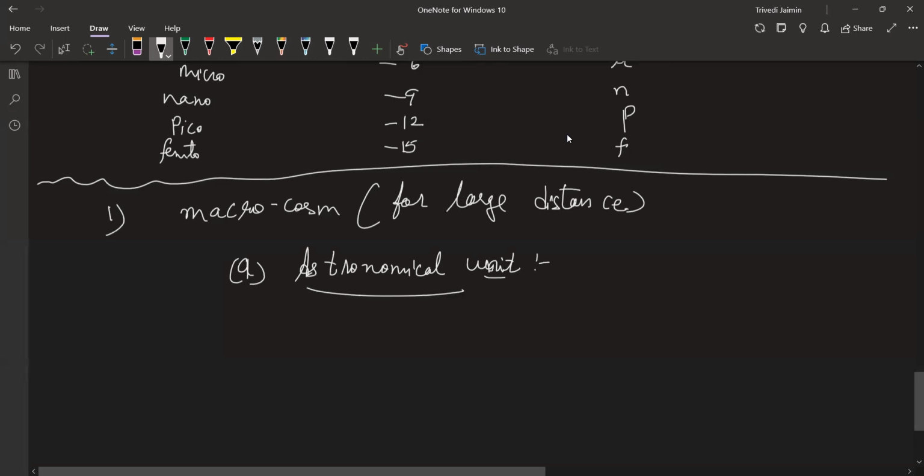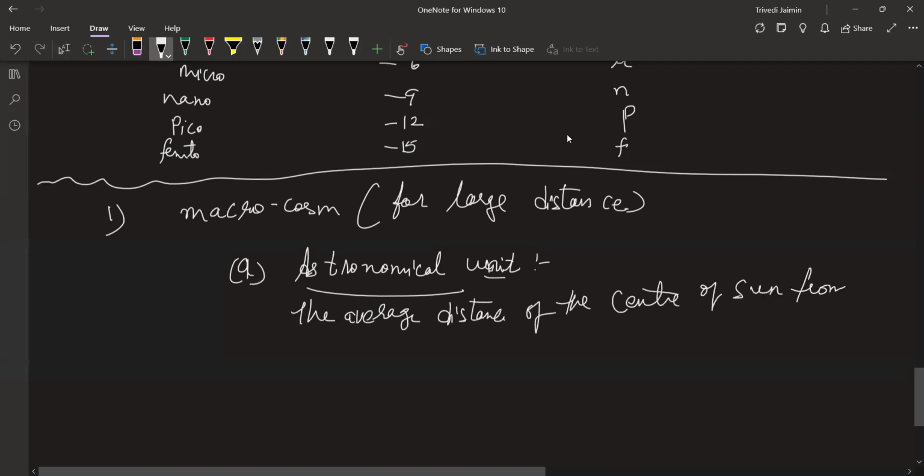What is an astronomical unit? Have you heard this? Yes, sir. To measure the radius or the distance between any two celestial bodies. Yes, astronomical units. But how did they get one astronomical unit? By average distance. The average distance of the center of the sun from the center of the earth.